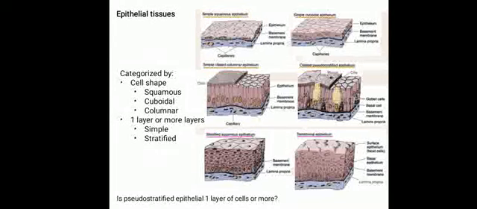Then the way it is being arranged: the simple columnar epithelium, the simple ciliated columnar, the ciliated pseudostratified epithelium, then the stratified squamous epithelium, then the transitional epithelium. This one has pear-shaped cells; the cells resemble a pear shape.